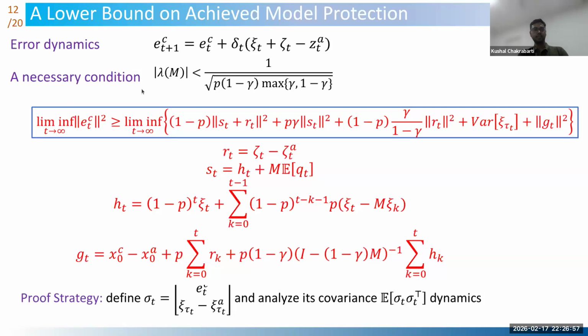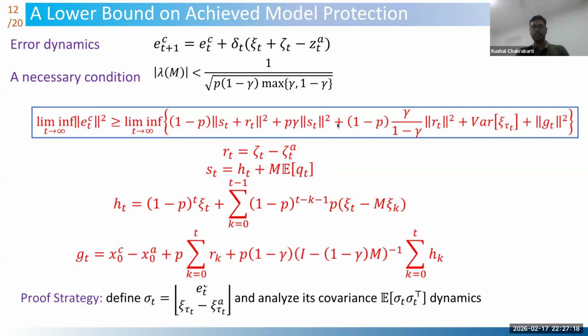Now, under this condition, we have managed to find a lower bound on the amount of protection in the asymptotic sense. On the right-hand side, you have a finite non-zero lower bound on the protection. You can see that there are multiple terms affecting it.